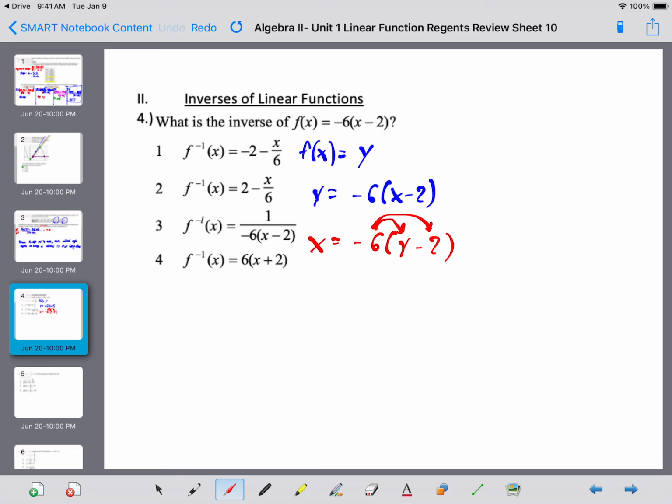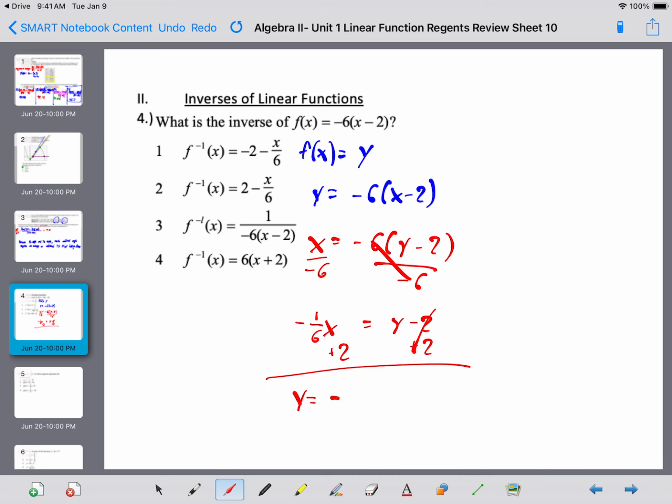Honestly, you don't even have to distribute the negative 6 if you don't want. You could divide by negative 6 on both sides. You could distribute first, but it's just an extra step. Add 2 on both sides, and you have y equals negative 1/6 x plus 2.